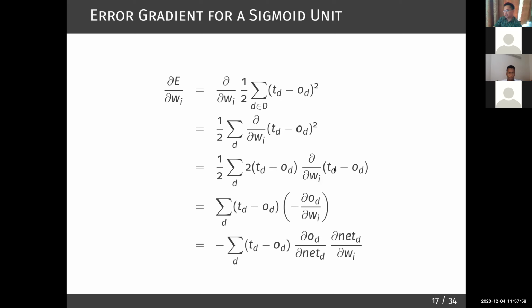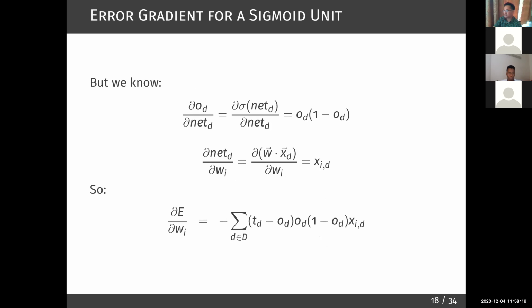Because this is a constant, we get minus the partial of the output with respect to wi. This is the chain rule. We take the negative out, and concentrate on taking the derivative of this.